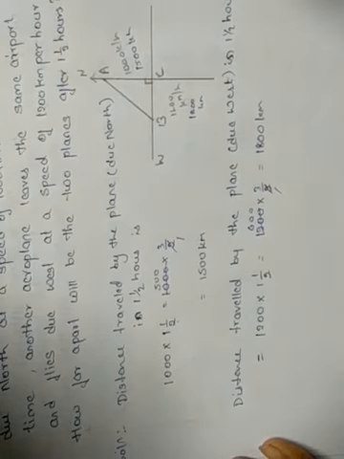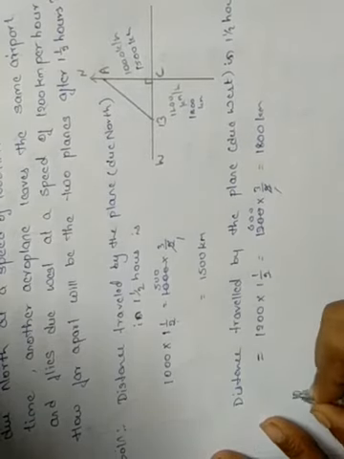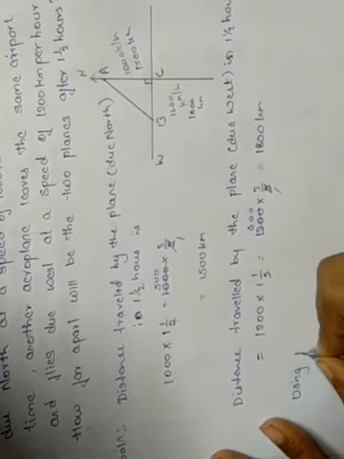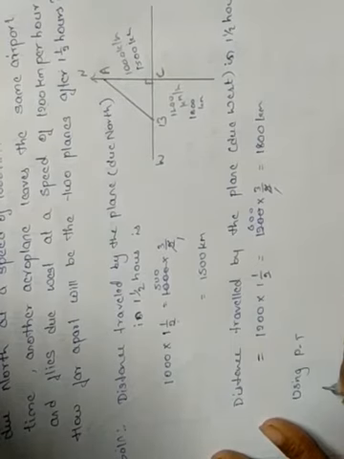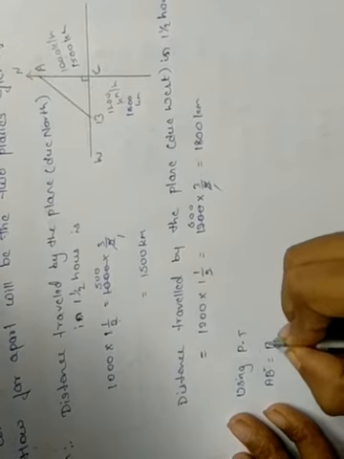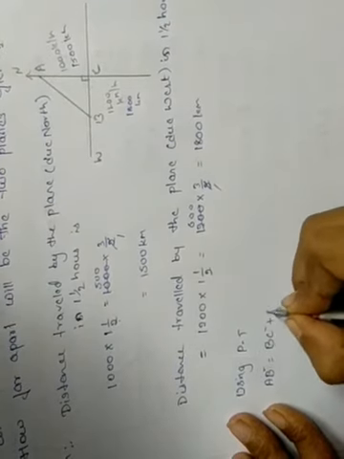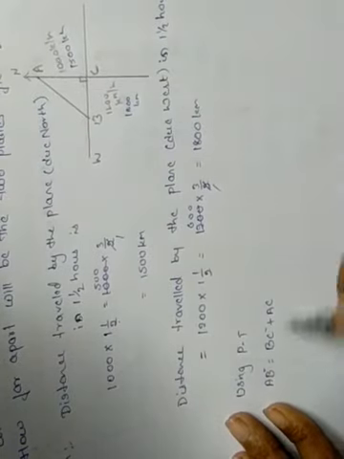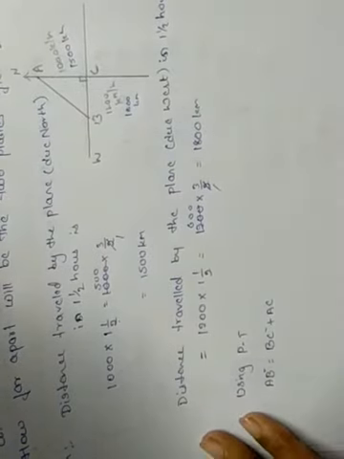So we can apply the Pythagoras theorem: AB square is equal to BC square plus AC square, right? Substitute the obtained values in this equation, and we will get the value of AB. That will be the distance between the two aeroplanes, right?